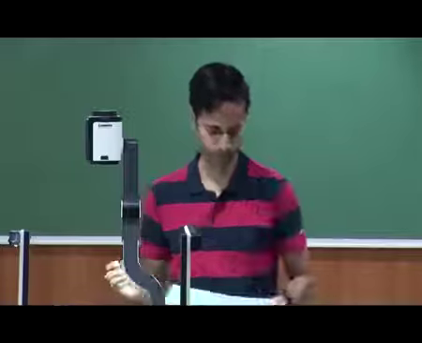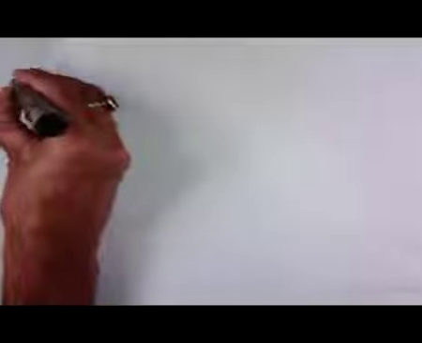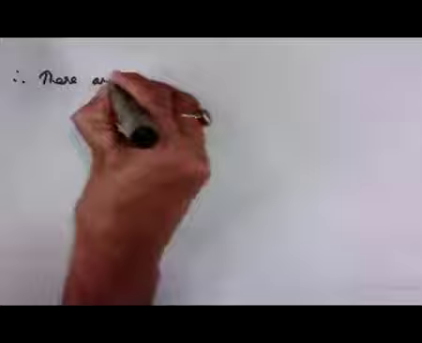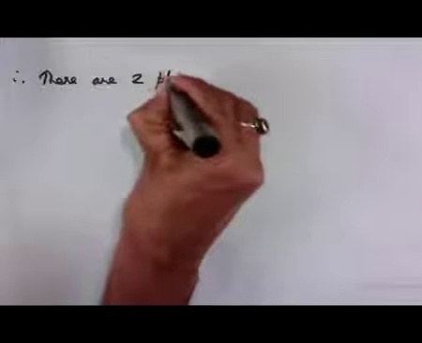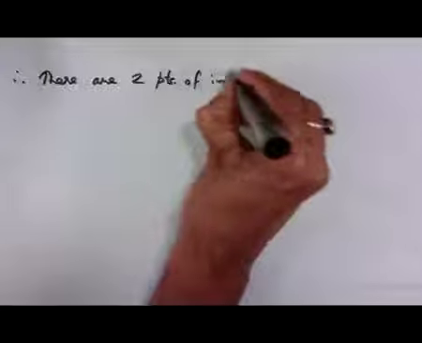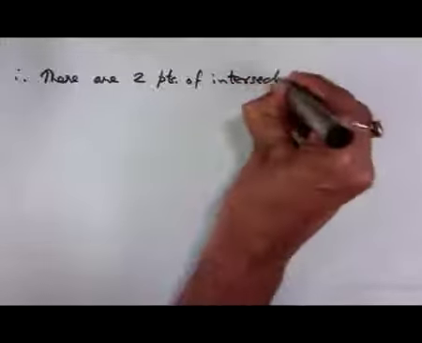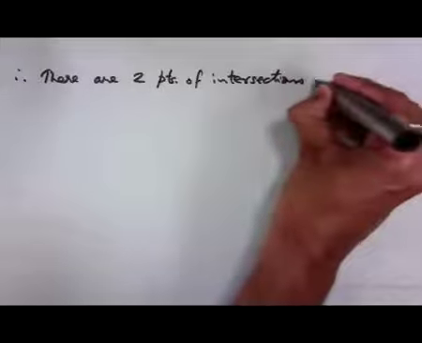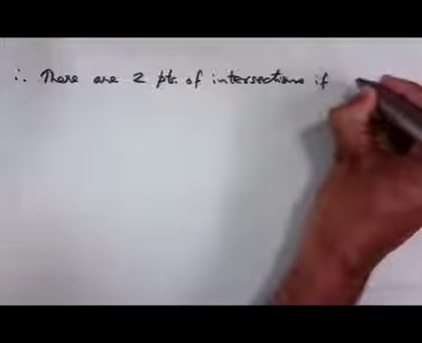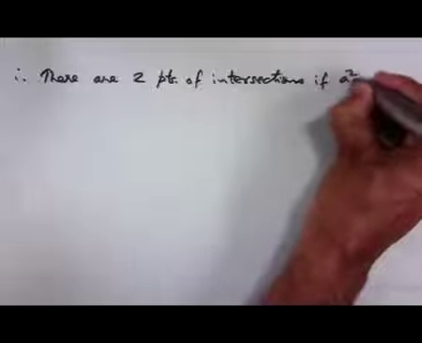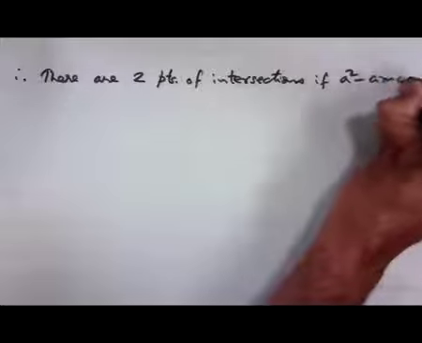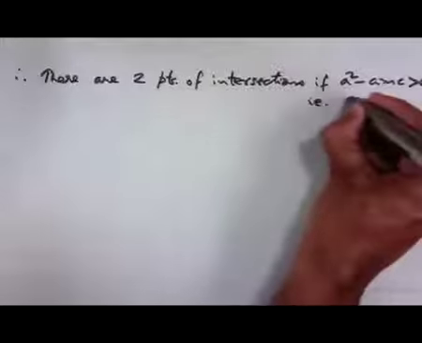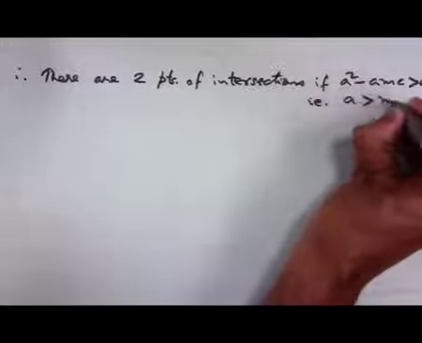So, therefore, there are two points of intersection if a square minus a m c is greater than 0, that is a is greater than m c.